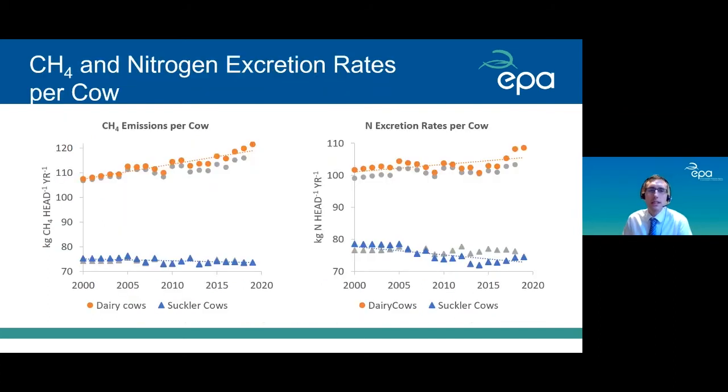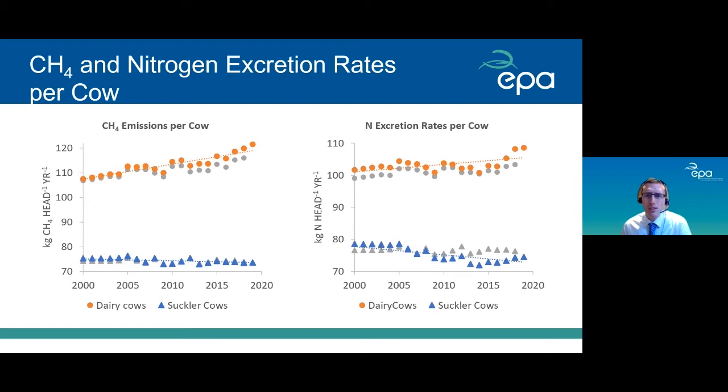So if I drill down a little bit into the figures on a per cow basis, just to see what's driving these emissions increases in recent years, we can see on the left a graph of methane emissions per cow over the past 20 years, and as you can see, there's been an upward trend in dairy cow emissions, whereas a level or slight decrease amongst other non-dairy cows.